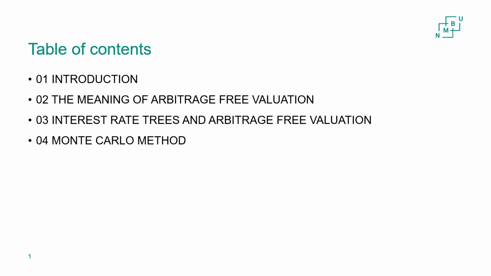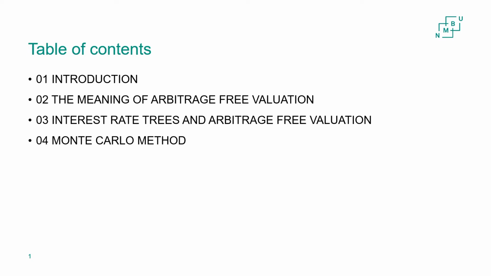So first up is the introduction, where we're going to look at the three different yield curves that we encounter in fixed income. And then we're going to look at the meaning and importance of arbitrage free valuation. And then we're going to make an interest rate tree.